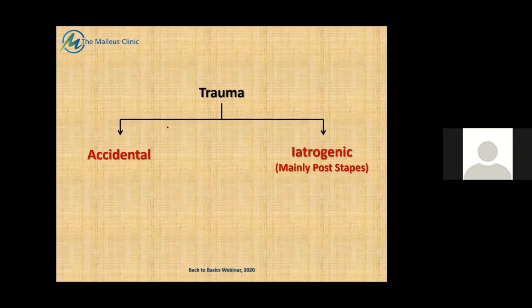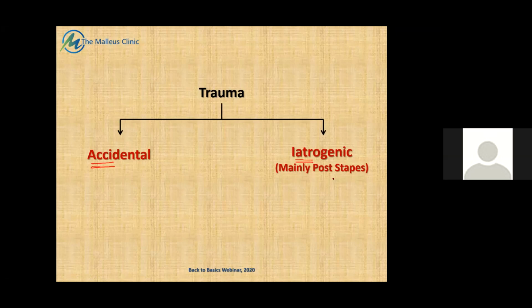The point is that if a balance disordered patient comes to you and gives you a history of trauma, a head injury, as an otologist, what is it that you would probably think of? Obviously, the trauma could be accidental, or the trauma could be iatrogenic, as in secondary to a surgery, say for example post stapes.